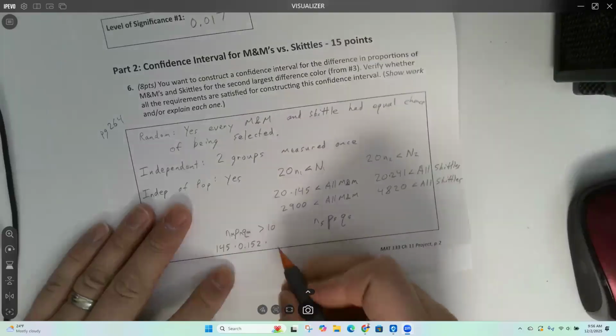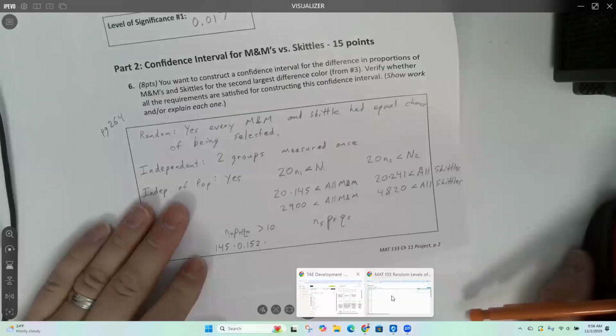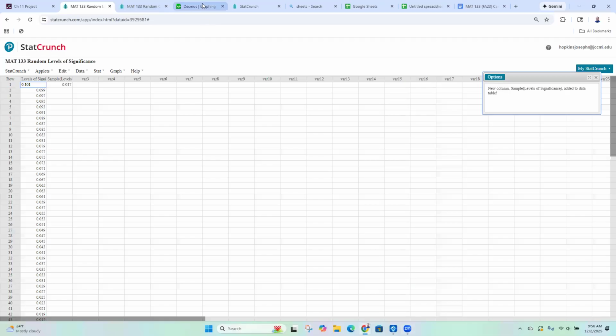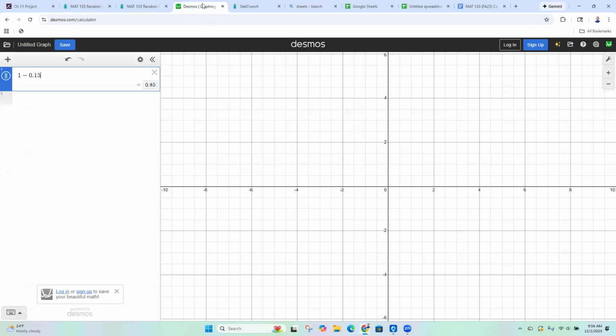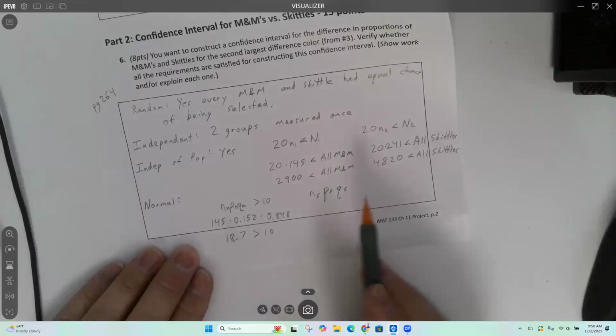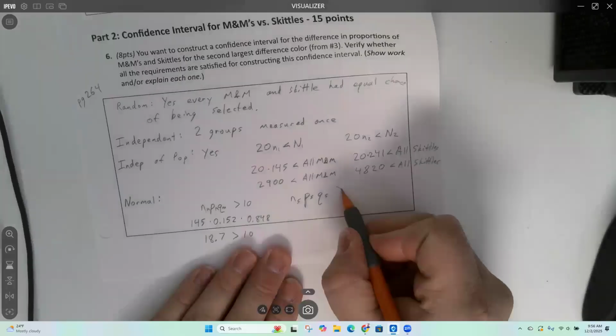That makes my Q, let's see, 1 minus 0.152, 0.848. So if I do 145 times 0.152 times 0.848, I get 18. So that's greater than 10, so I'm good there, but I also need to check it for Skittles.